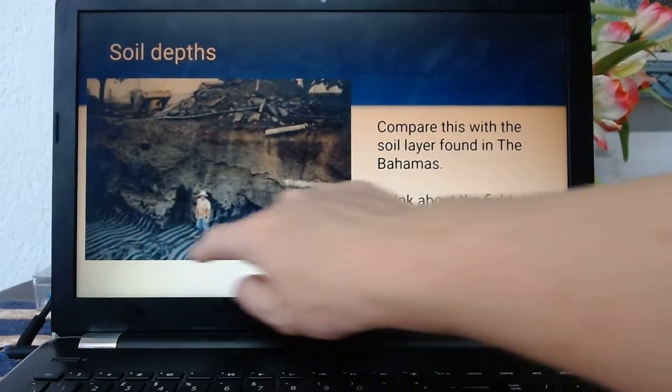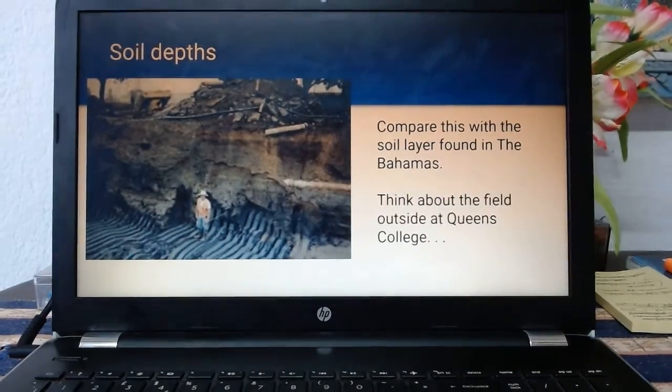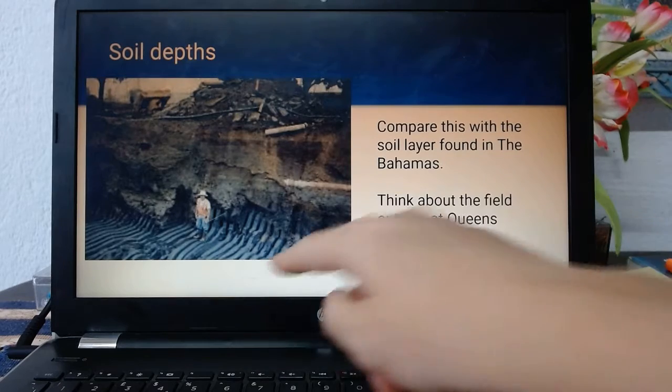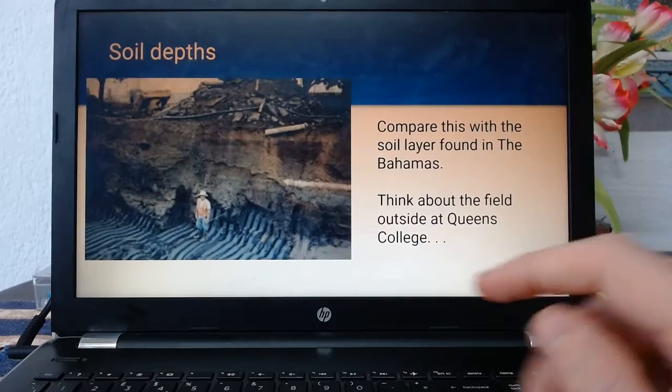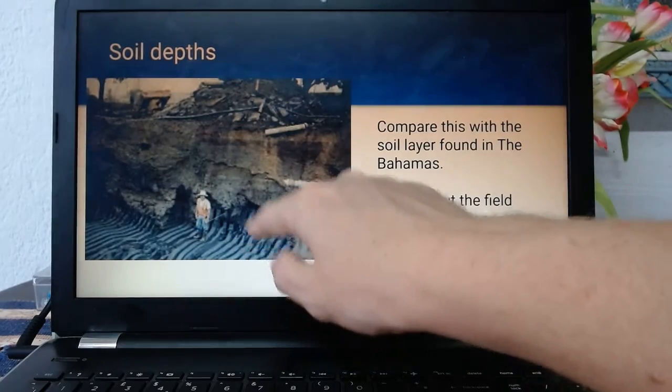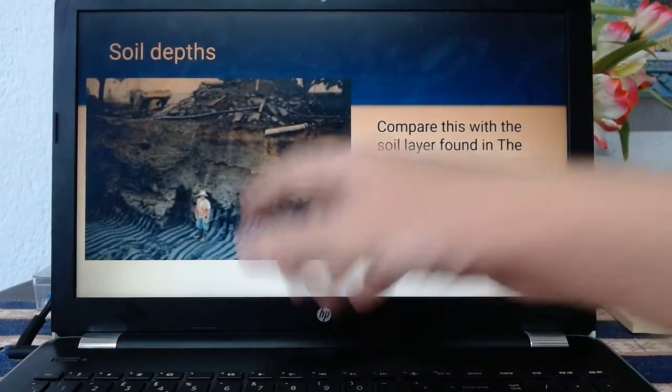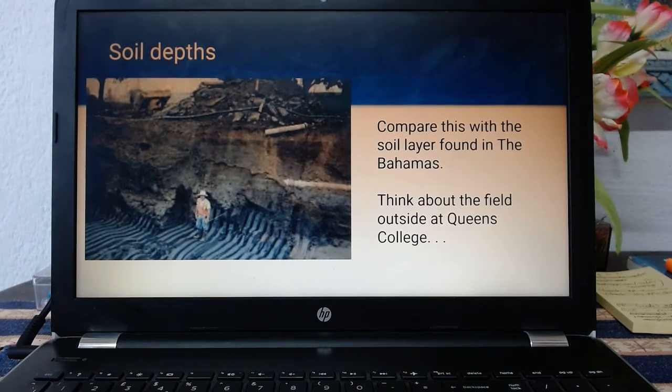You should be able to figure out why this would be easier to move. You can see how easily the marks from the digger went in there. Obviously the further we go down, the closer we get to water, so there's more water included in here, and it gets a lot more movable.